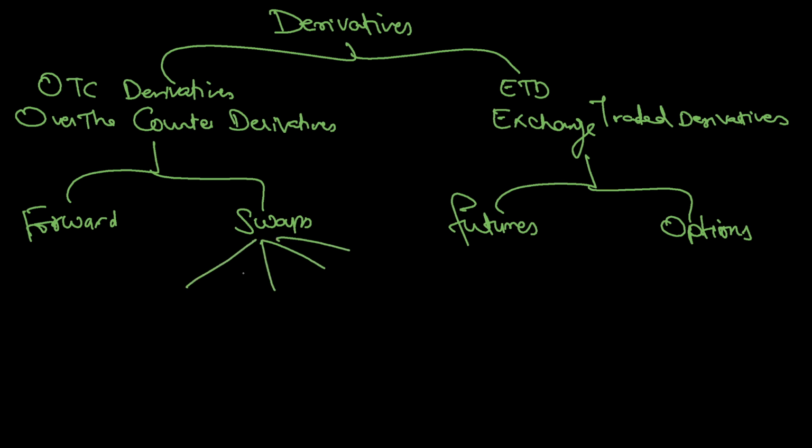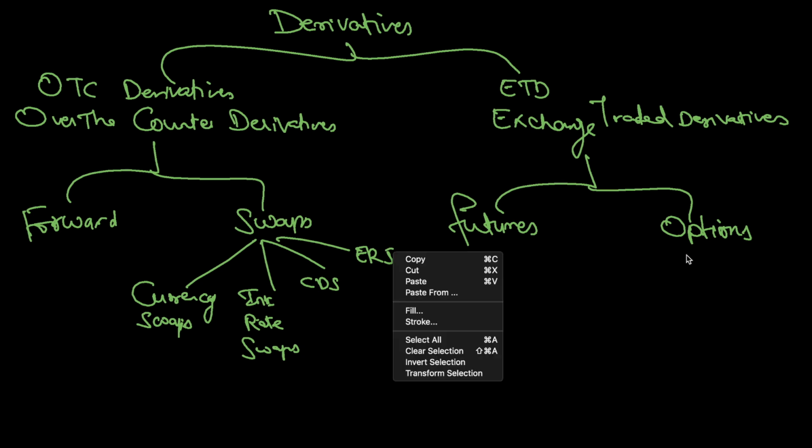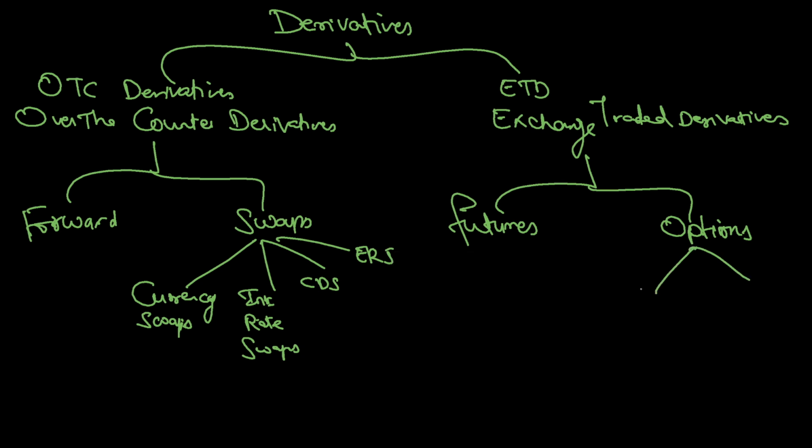Swaps are further classified into many types like currency swaps, interest rate swaps, credit default swaps, equity return swaps. Options have been further classified into call options and put options.